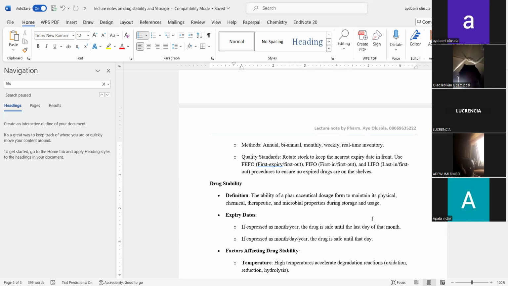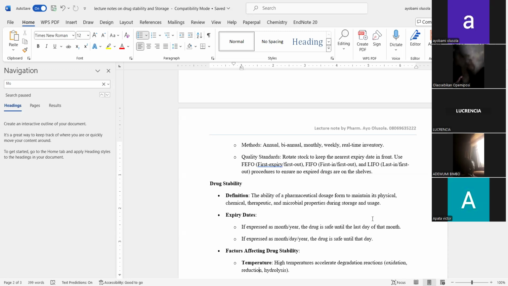Beyond this date, it is assumed that the drug is no longer safe for use.